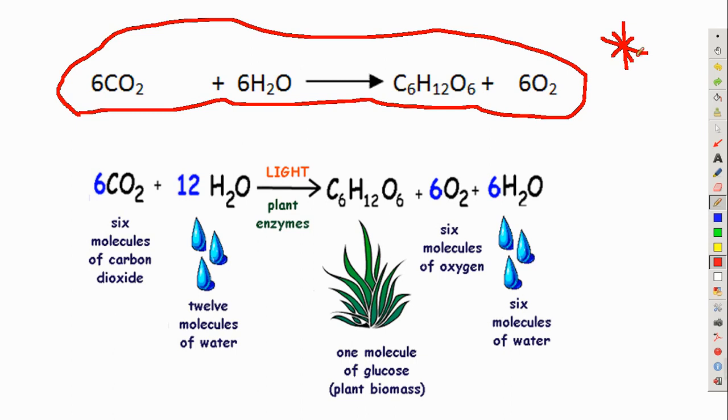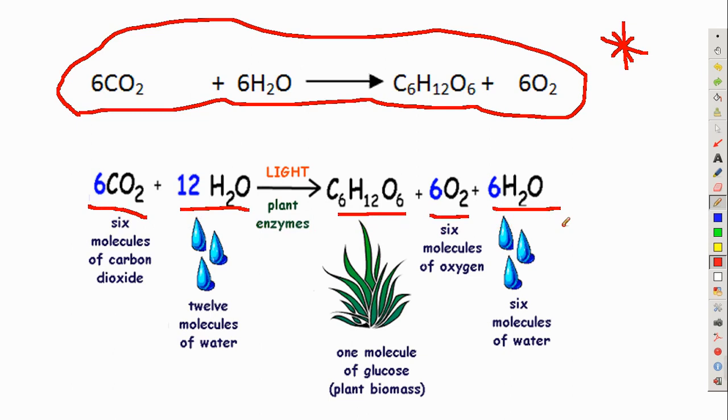Those are also red star things. But you now know that the overall equation of photosynthesis is a little bit more complex. So you've got 6 CO2, 12 H2O, C6H12O6 glucose, 6 O2, 6 H2O.